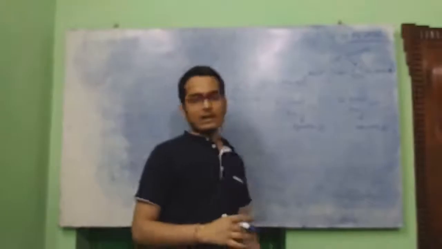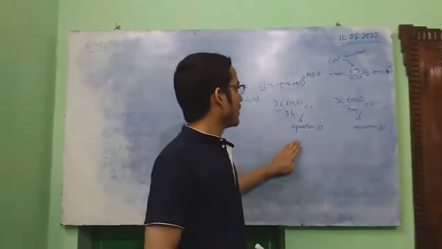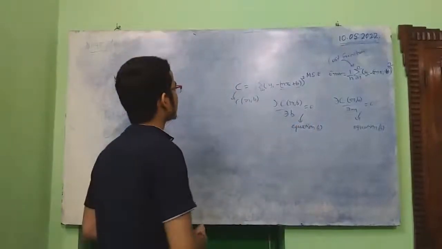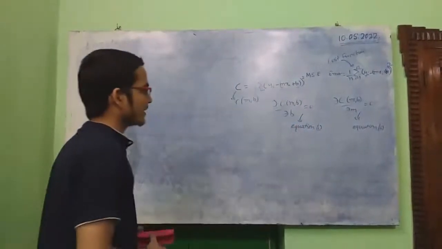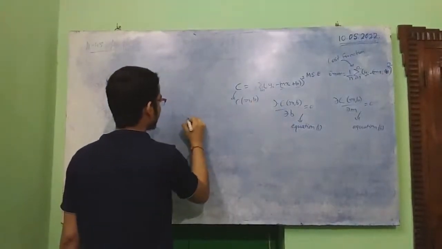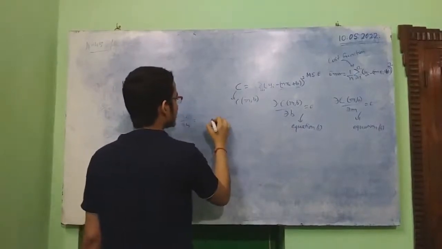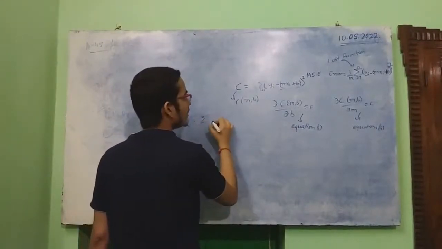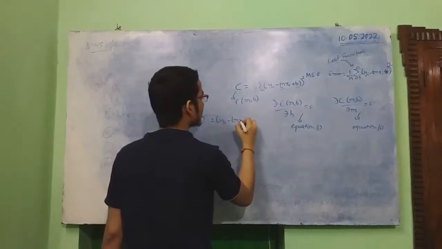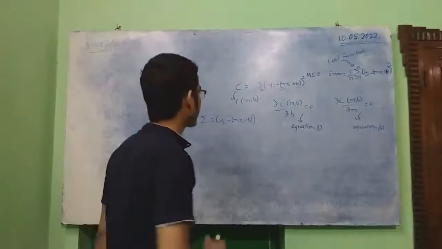I will suggest you pause the video and try to solve these two yourself. So let us just see how we can get to this. What will happen if we differentiate? The partial derivative with respect to b will be something like the summation of 2 times (y_i minus (m x_i plus b)), isn't it?